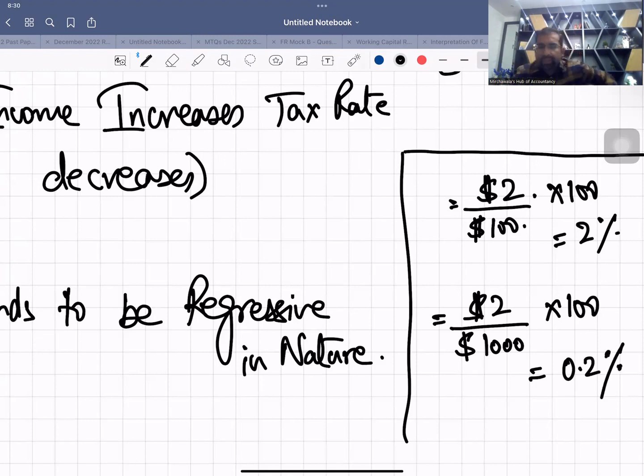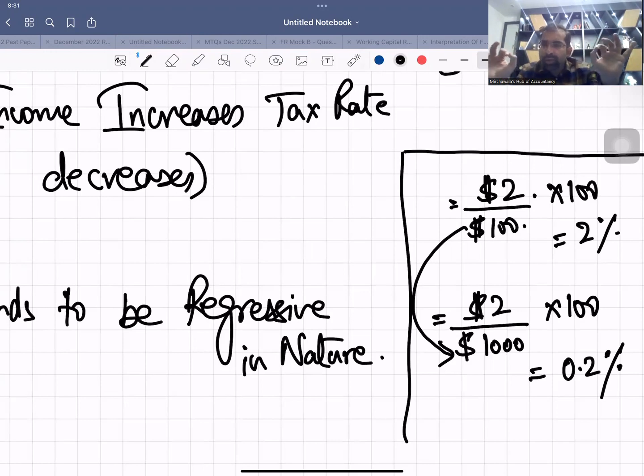So just see, as income increases from 100 to 1,000, the tax rate is going down. So that's why indirect taxes tend to be regressive in nature.